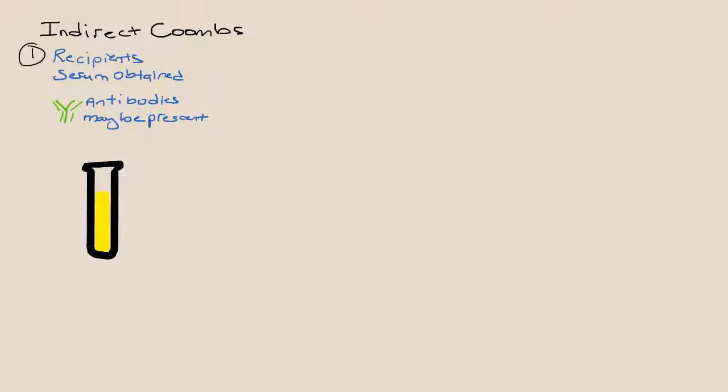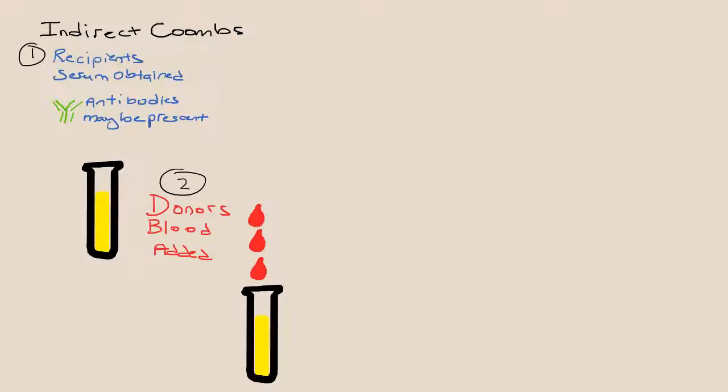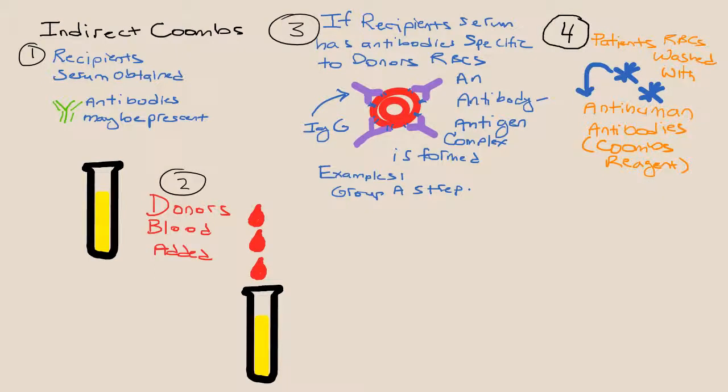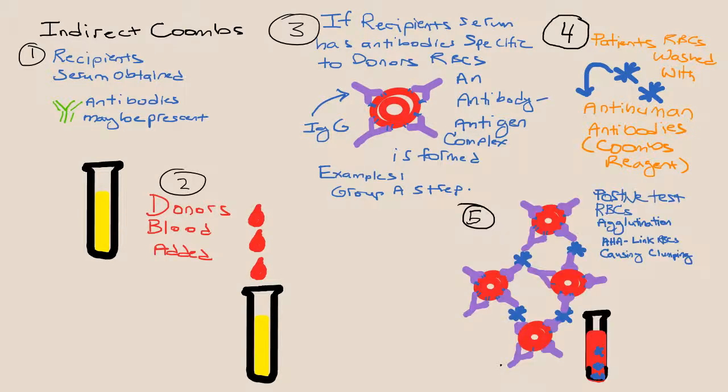So what happens is we draw the recipient's serum, we put the donor's blood into the serum, we wait, and we are then adding the Coombs reagent again, and if there have been IgG antibodies that have adhered to the red blood cell, they will clump again and they will cause agglutination.